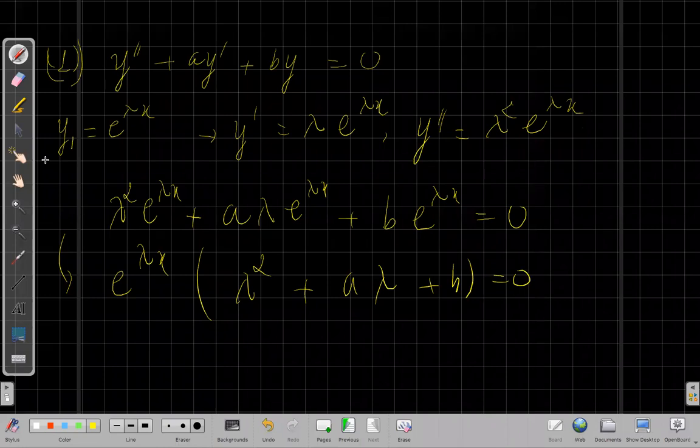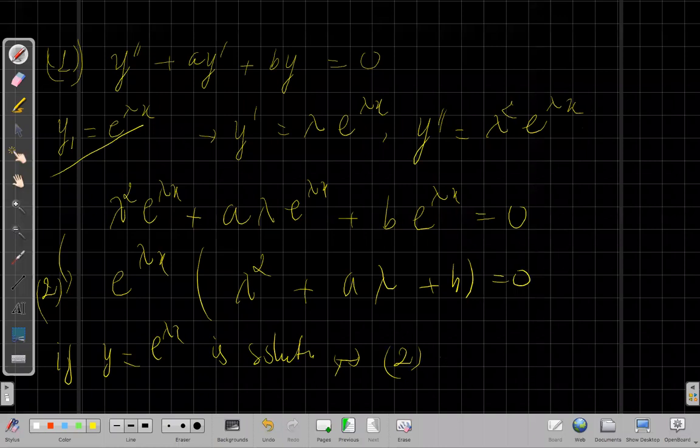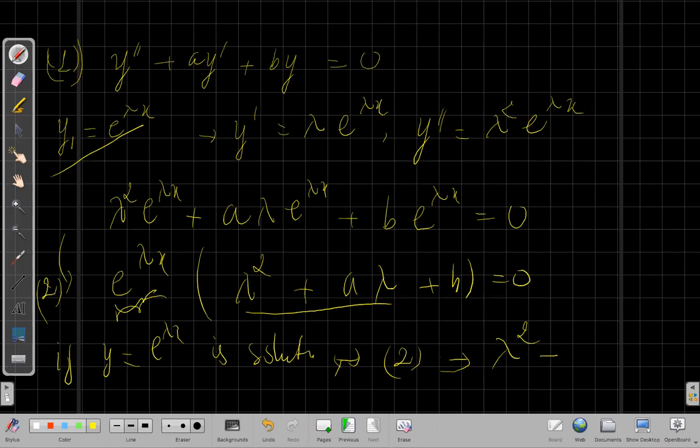That means if y equal to e lambda x is a solution, equation 2 must be satisfied. e lambda x cannot be 0, so lambda squared plus a lambda plus b must be 0.